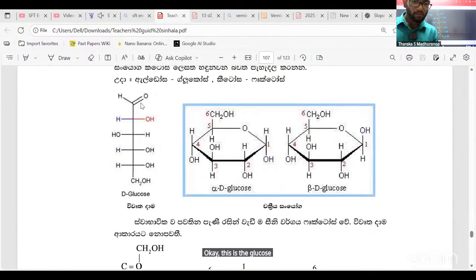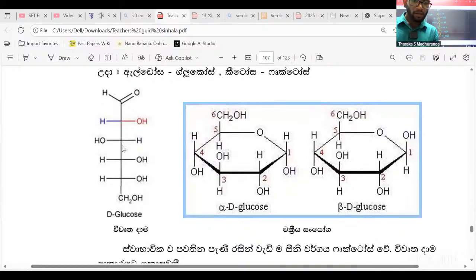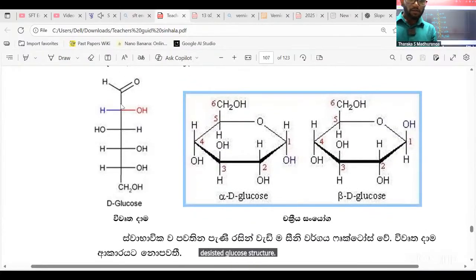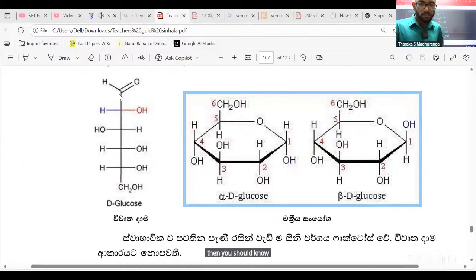The problem is it is only in Sinhala. Let me explain next week how they removed this carbon. After we discuss all the structures, I will explain how to draw in this way. See, only the third carbon is the different one. All others are the same. This is the aldose group. CH2OH is the final one. Clear?